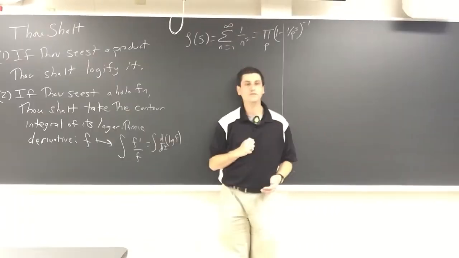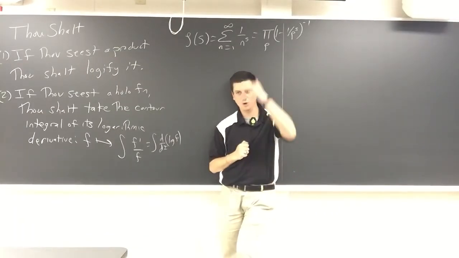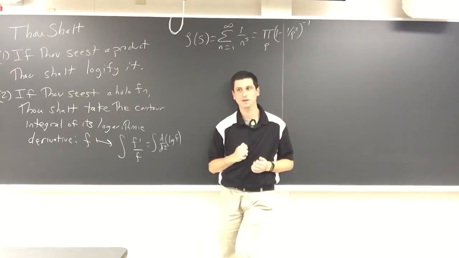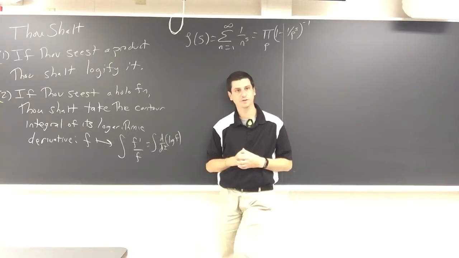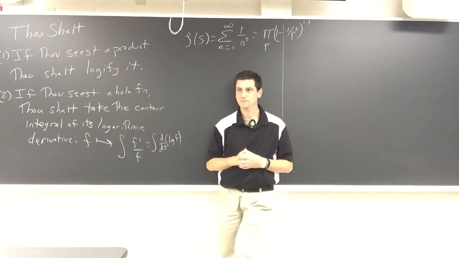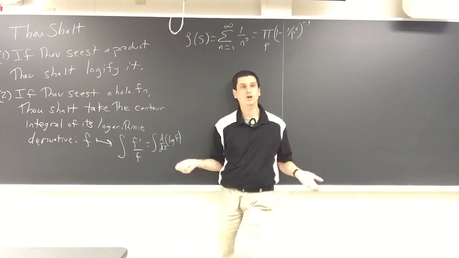Because if you take the derivative of the log of f, you get f prime over f, or 1 over f times f prime, if you want to write it that way. Where have we seen integrals of f prime over f before? The argument principle. And when we do integrals of that, we count zeros and poles.